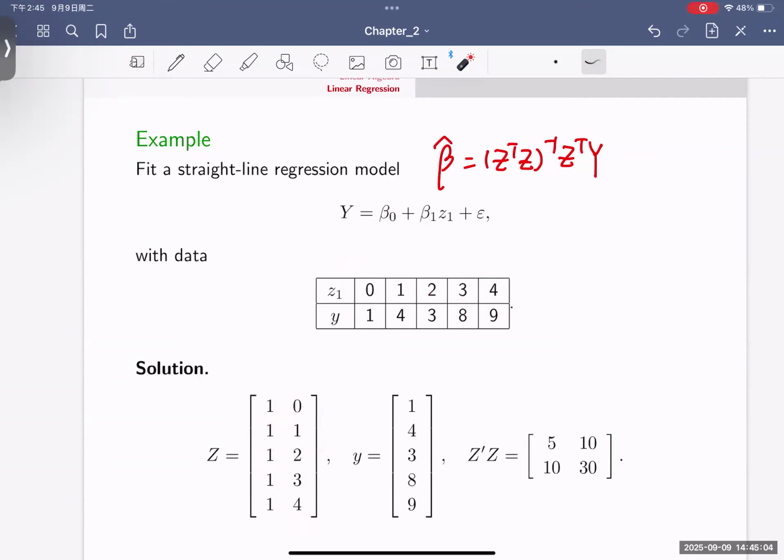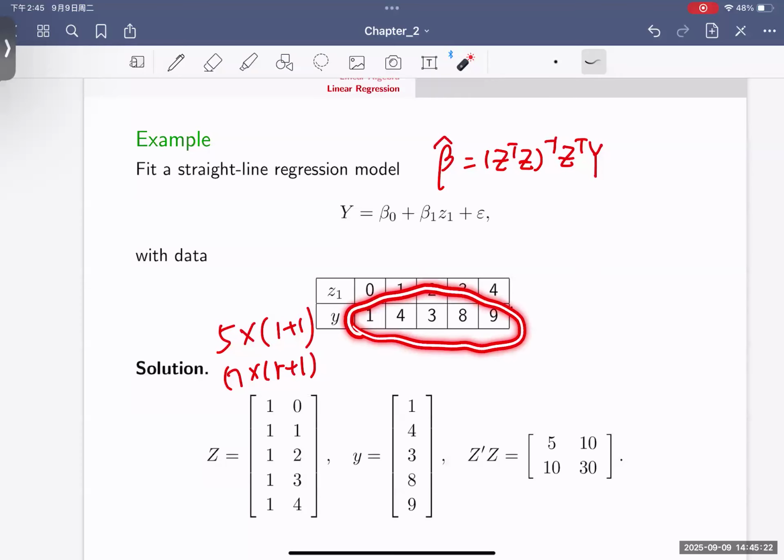Then Z is given in this style. Z is n times (r plus 1), where n is 5 and r is 1, so it's a 5 times 2 matrix. And Y is just these 5 values copied.